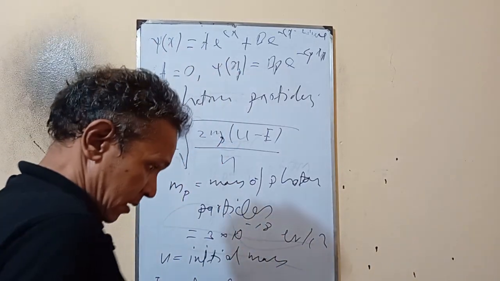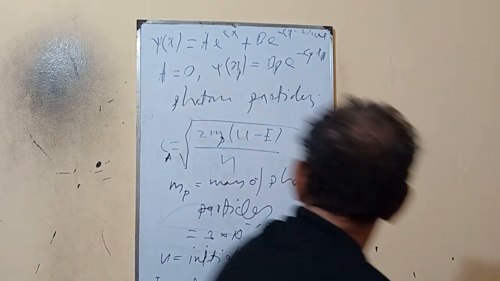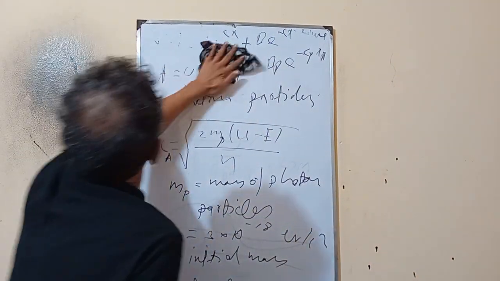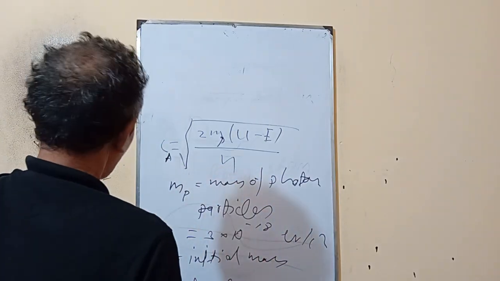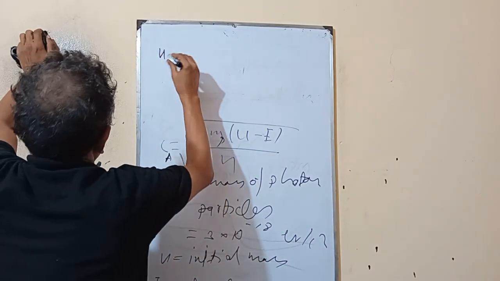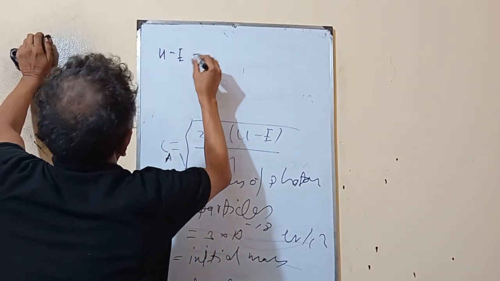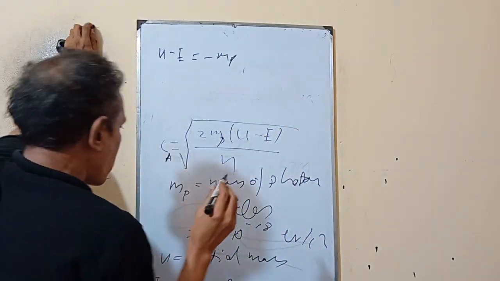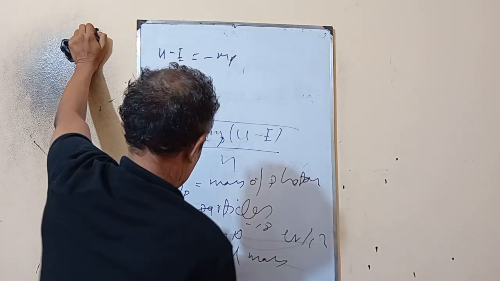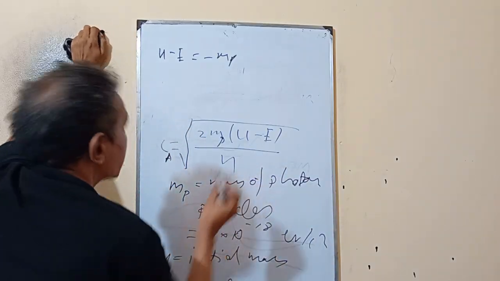Okay. Now we have to analyze what? Q minus A is equal to minus MP. So minus MP, what? Sorry, not 6.